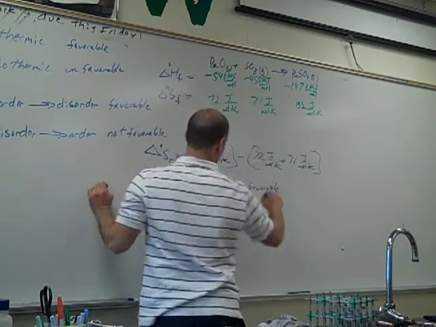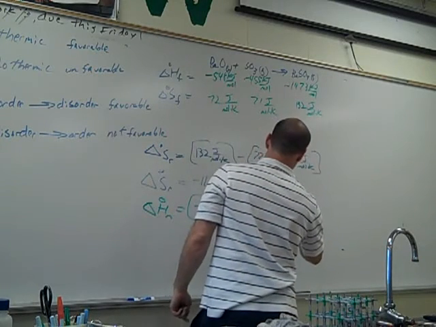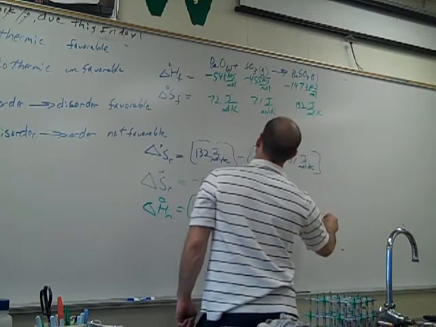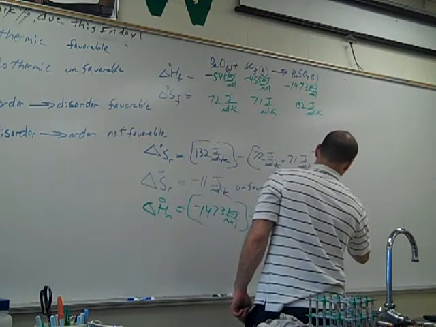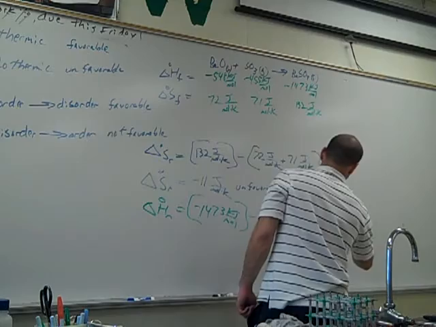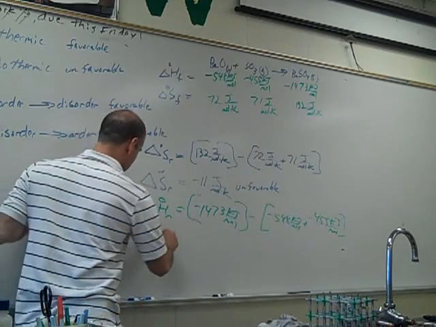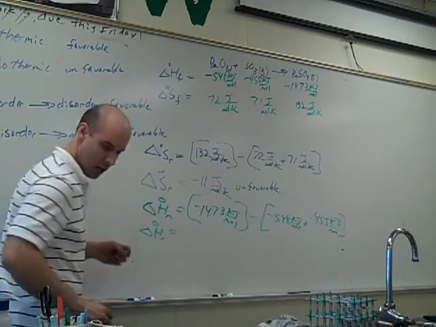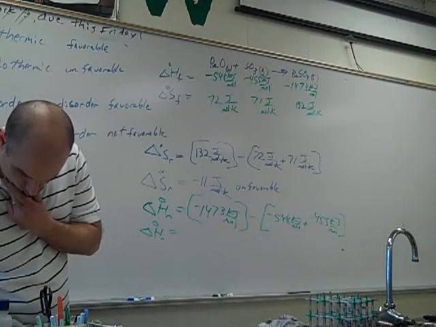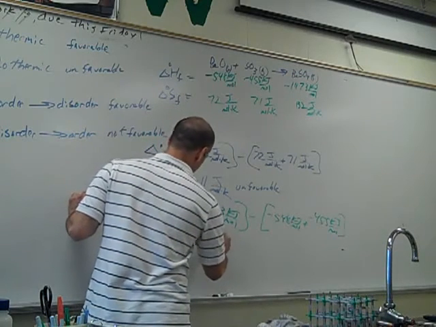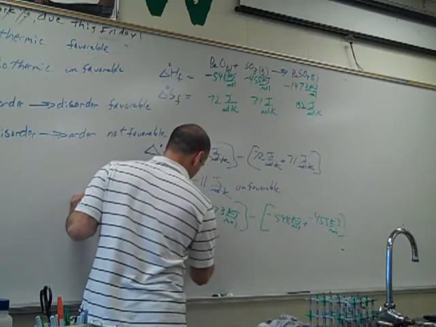Products minus the reactants. You take the products minus the reactants, and our delta H of this reaction is negative 470 kilojoules per mole.